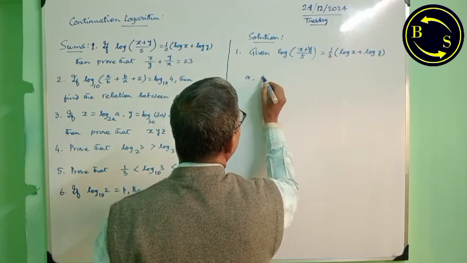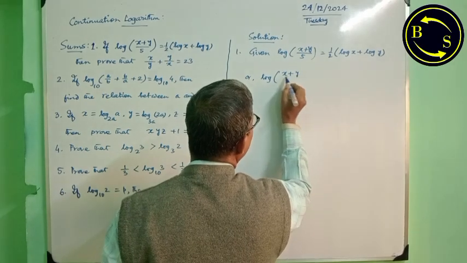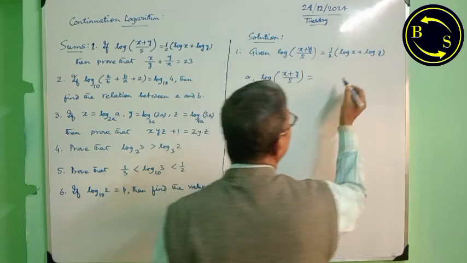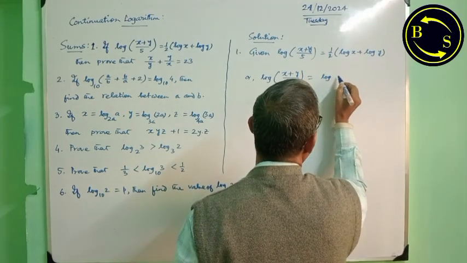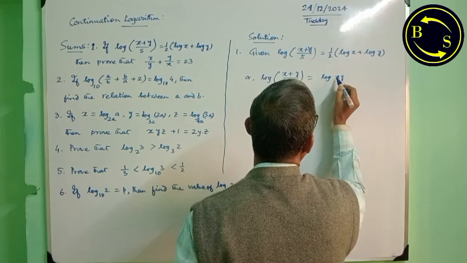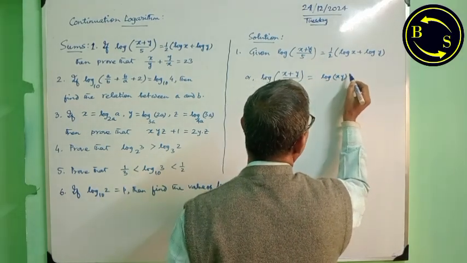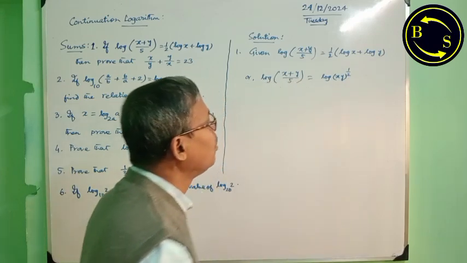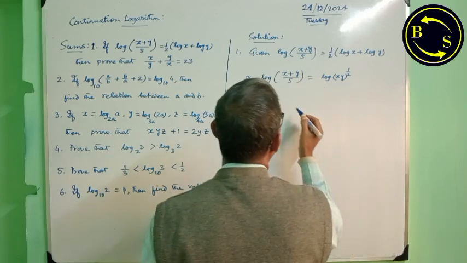Or log of (x plus y) by 5 is equal to log x plus log y, means log of xy to the power half, that means it will be log of (xy) to the power half.